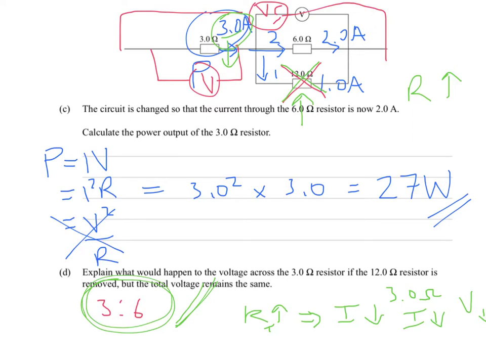And because prior to removing the 12 ohm resistor, this 6 ohm part would have been a lower resistance. It might have been, say, you can do the calculation yourself, 5.5 or something like that, which means it gets less of a proportion of the voltage in that parallel section compared to here. So now that's raised to 6 ohms, increasing the total resistance across the whole circuit, decreasing the current, and if you're just sticking with the voltage ratios, lowering the voltage ratio across the 3 ohm resistor.